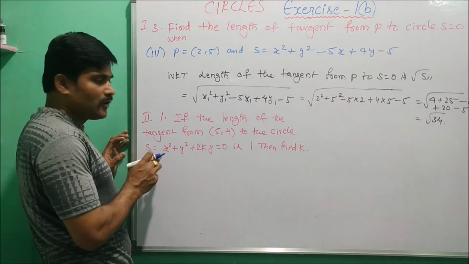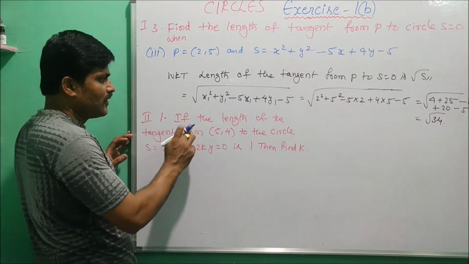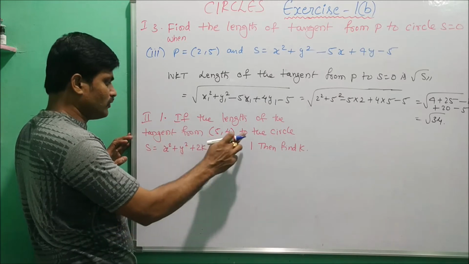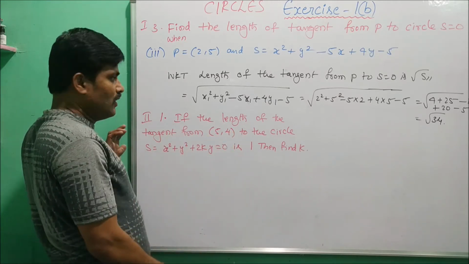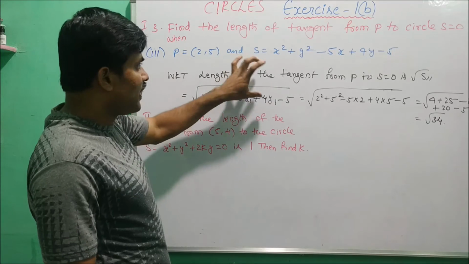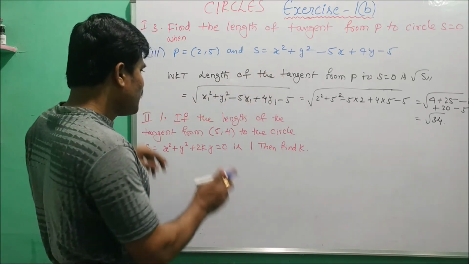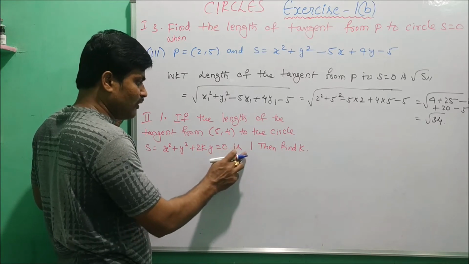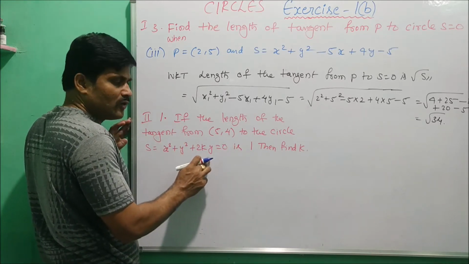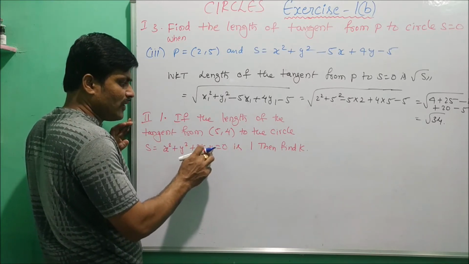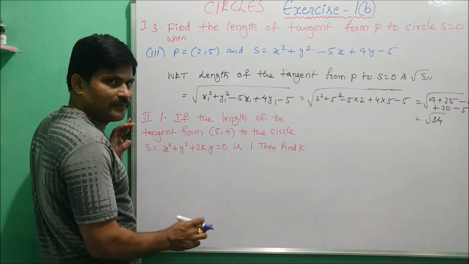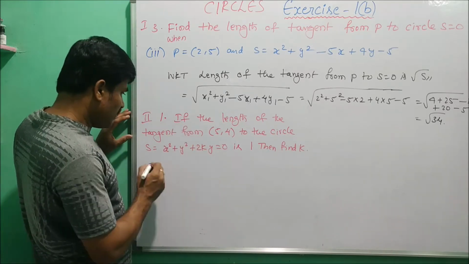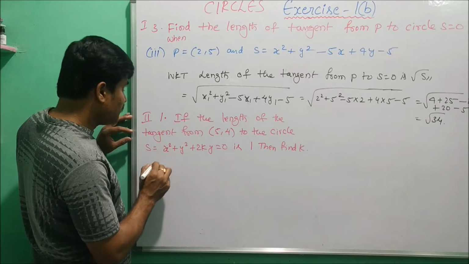Now in the second Roman, the first sum is: if the length of the tangent from the point to the circle is 1. In previous sums, we were asked to find the length of the tangent. Here the length of the tangent from the point to the circle is given as 1, and in the circle we have to find the constant, the coefficient of y, that is the constant k. So here also we take the same formula.